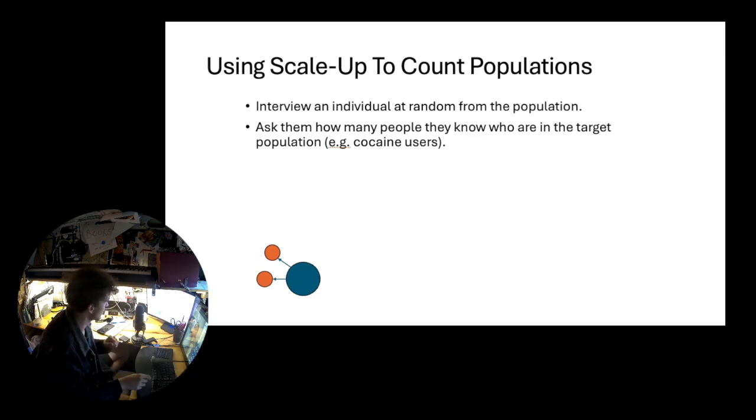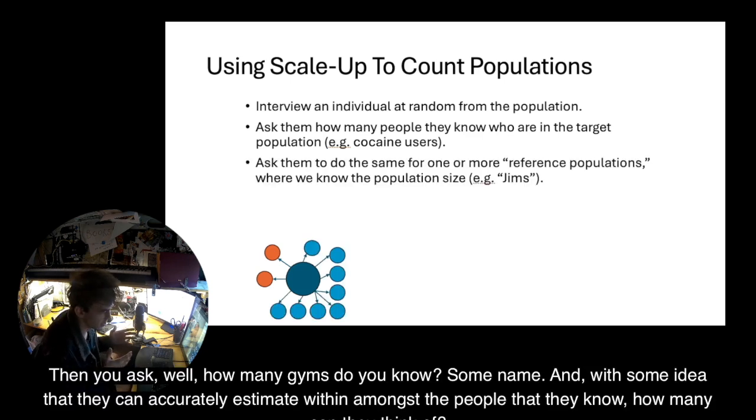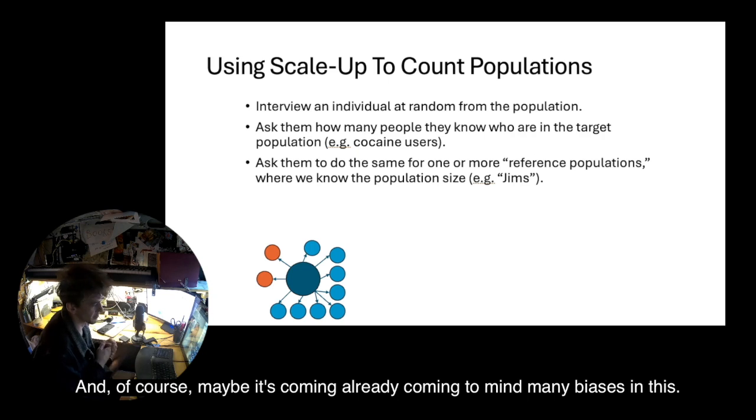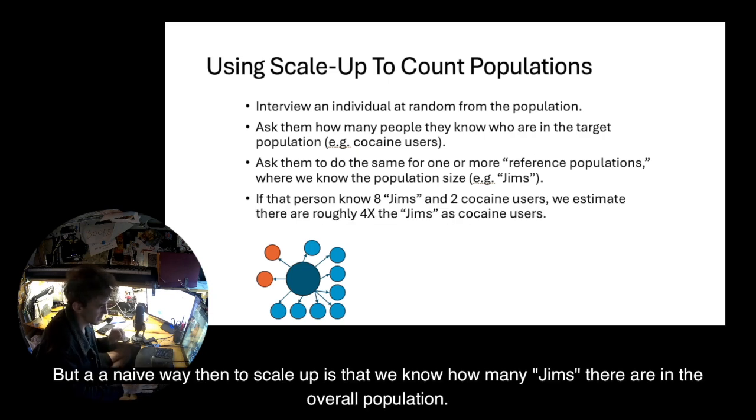Then you ask, well, how many gyms do you know? With some idea that they can accurately estimate, amongst the people that they know, how many can they think of? And of course, maybe many biases are already coming to mind. But a naive way to scale up is that we know how many gyms there are in the overall population.